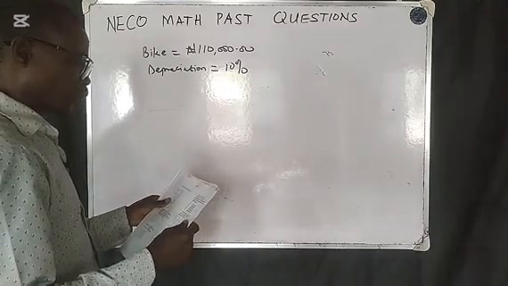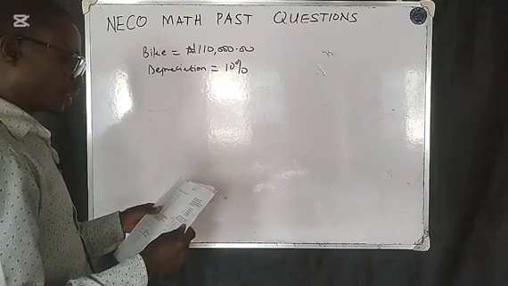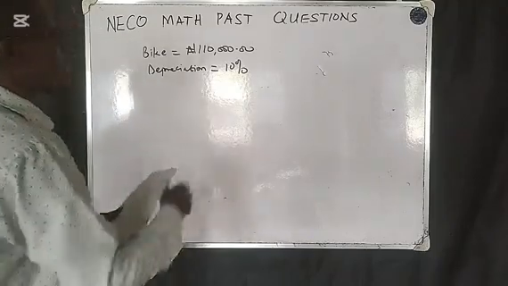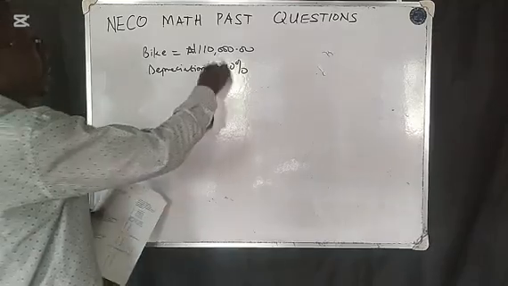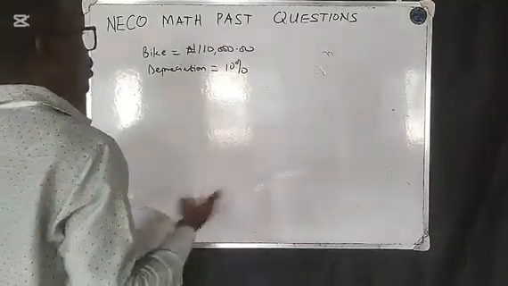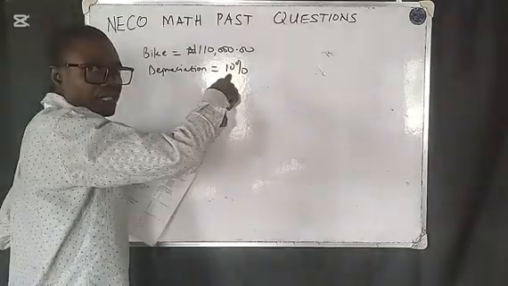So the next year, what will be the value of the bike? What will be its value at the beginning of the following year? That is the next year. Now, the value of this is 100% as it is right now. But at the end of 1 year, it will not be 100% again. It will have depreciated by 10%.